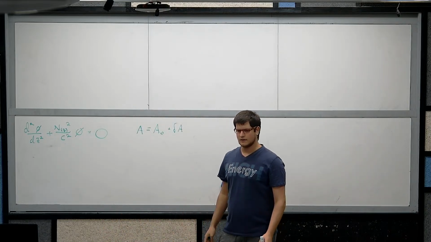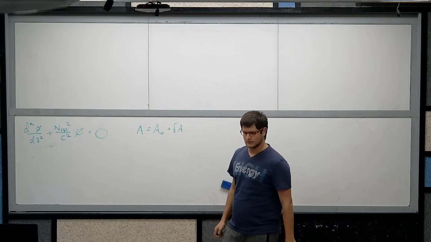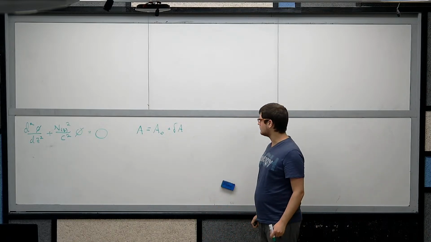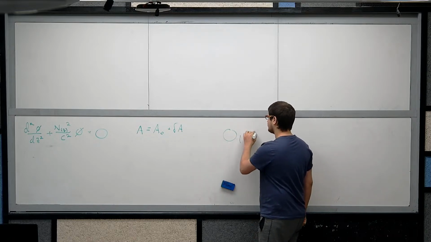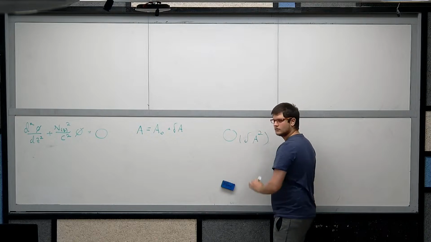Delta A squared or delta squared A? What you will throw away is O of delta A squared.